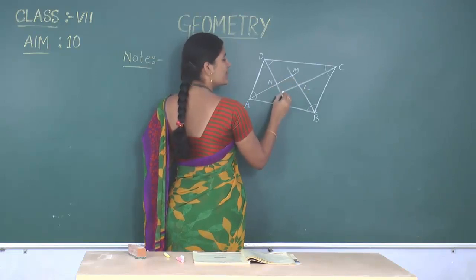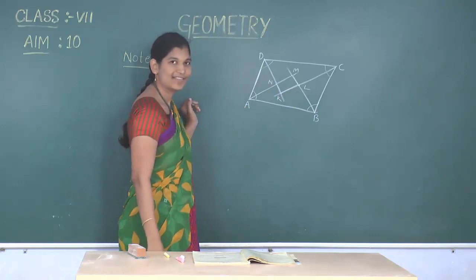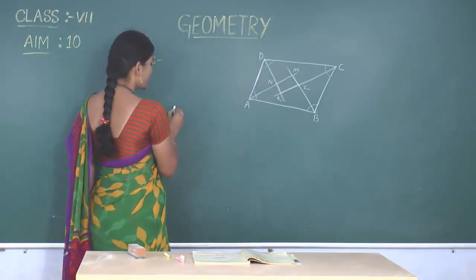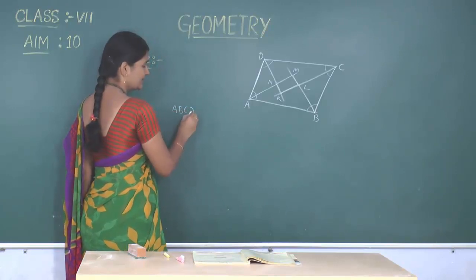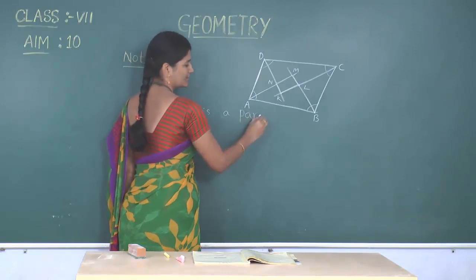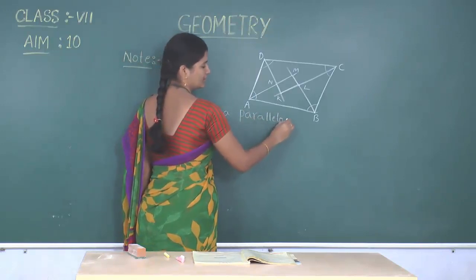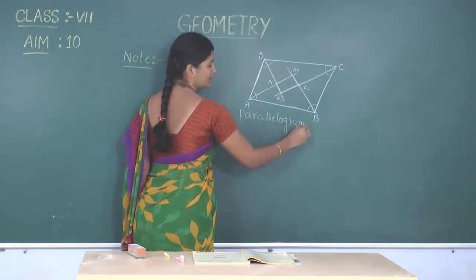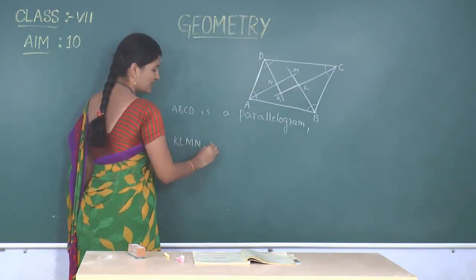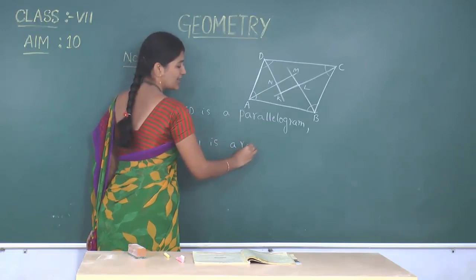And here one shape is formed now. Here KLMN is a rectangle. Here ABCD is a parallelogram, and here KLMN is a rectangle.